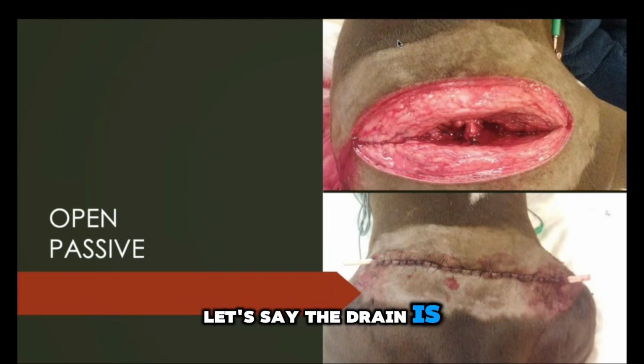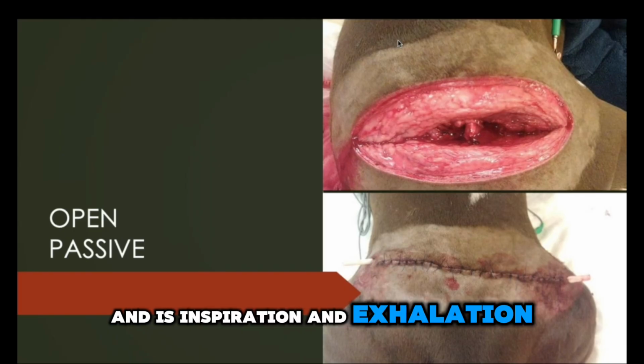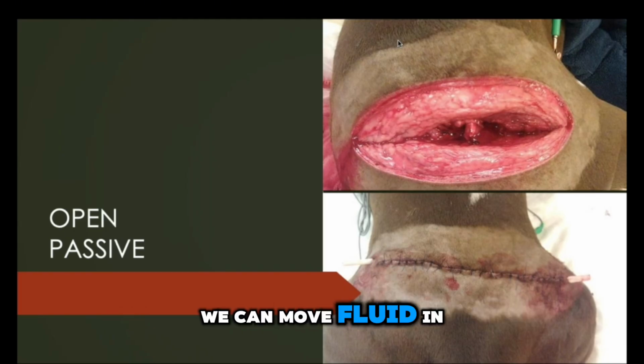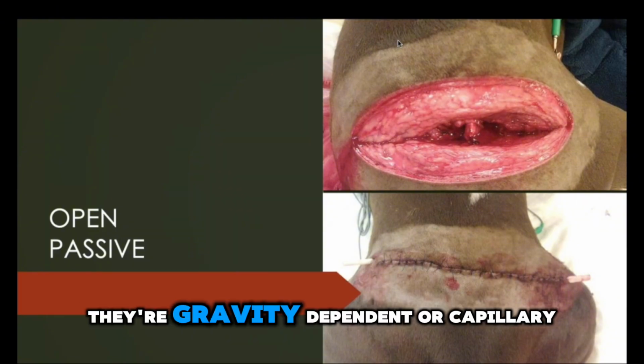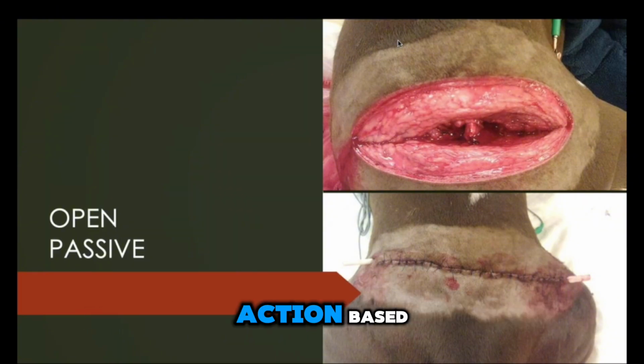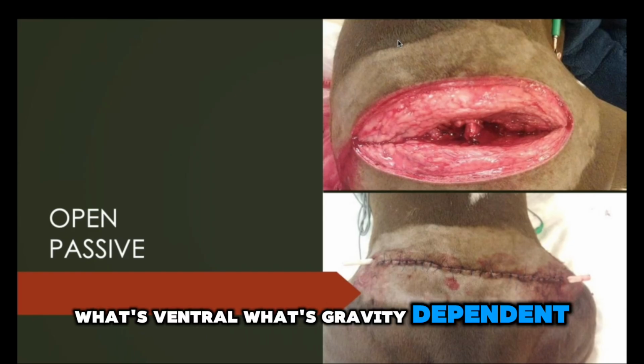Let's say the drain is over the abdomen or the thorax, and as inspiration and exhalation are occurring, we can move fluid in and out. But overall, these open passive drains are just that. They're gravity dependent or capillary action based. And we have to remember, when we're placing these drains, and it can be hard to remember sometimes when your patient's under a bunch of drapes, you can't see the head, you forget where the feet are, and what's dorsal, what's ventral, what's gravity dependent, what's not.